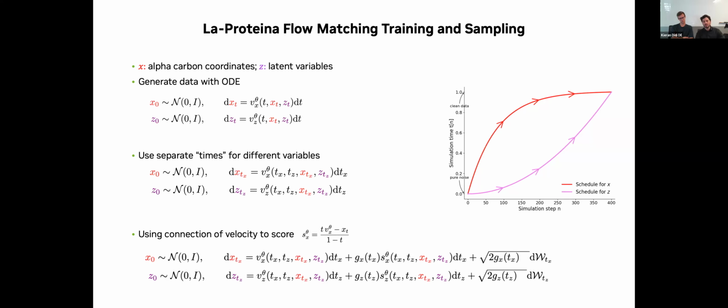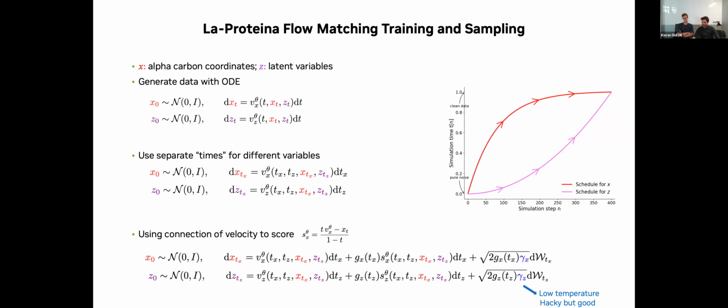But the main benefit of the SDE is that now we can add these parameters, gamma x and gamma z. These are typically set lower than 1, and they downscale the noise that you add at every step. This is what's typically known as low temperature sampling in this space. Most methods that do backbone design or atom design use some variant of low temperature sampling.